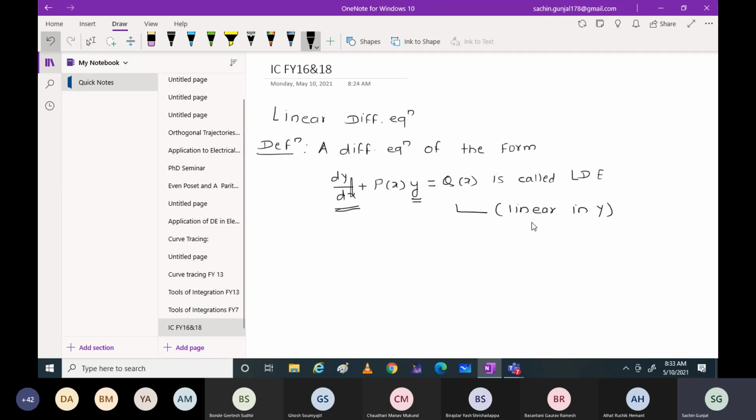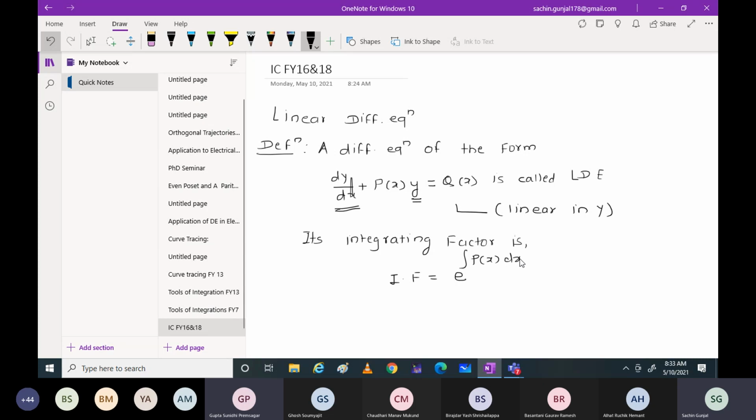And as you know, its integrating factor is, can anybody tell me? e raised to integration of P of x dx.